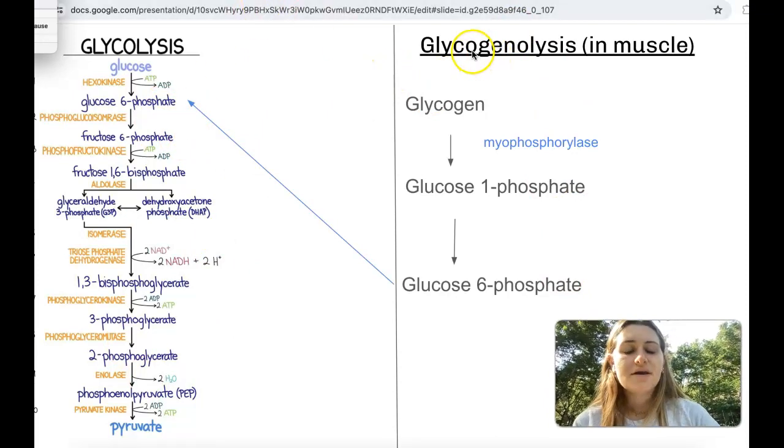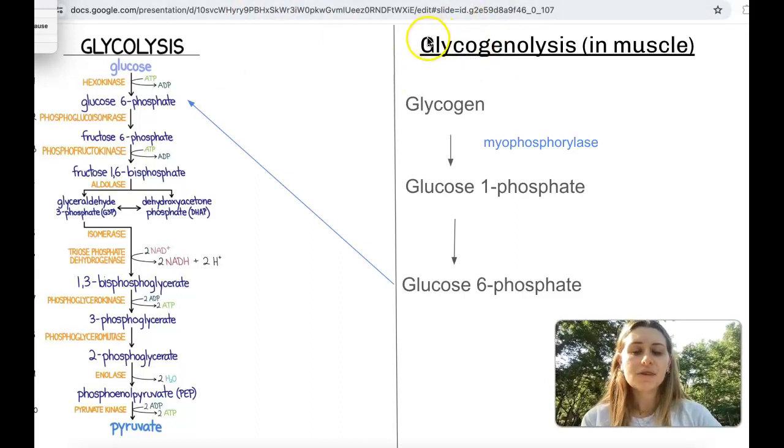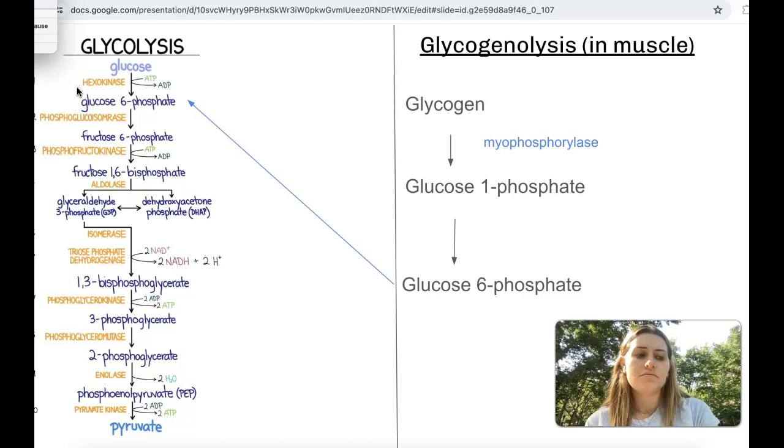So, let's say we are switched to anaerobic exercise, and so now we're going to break down glycogen. So we have glycogen, which is the storage of the glucose that our bodies use for cases of extreme energy usage, and we turn it into glucose 1-phosphate and then eventually glucose 6-phosphate, and then as you can see right here, that is one of the preliminary substrates of glycolysis.